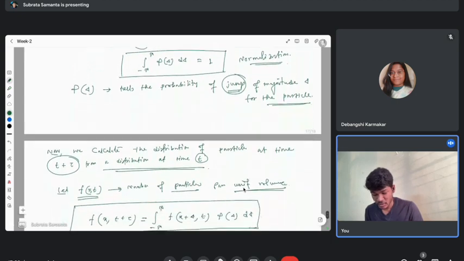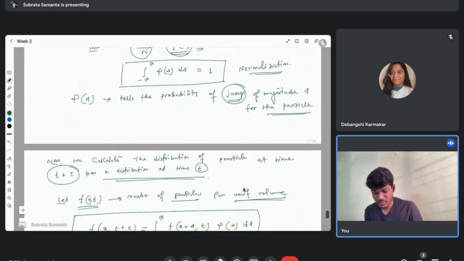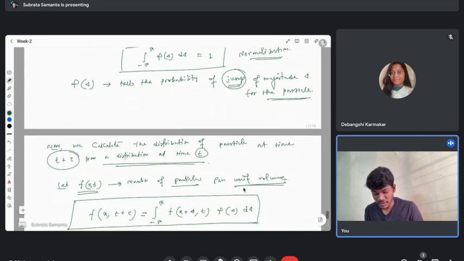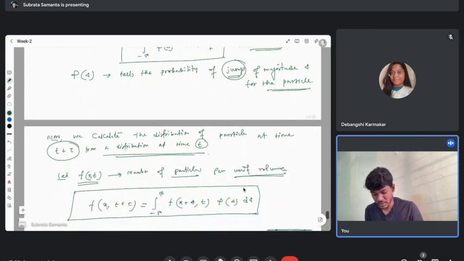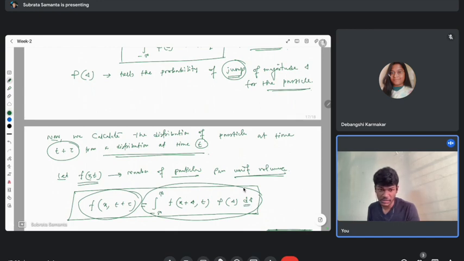When we integrate phi of delta d delta from minus infinity to infinity, it gives 1. In this case delta is a variable: the left hand side has no delta, and the right hand side has a delta. Over the whole delta range, the particles can make any jump in a particular time interval, and when we integrate we get 1.